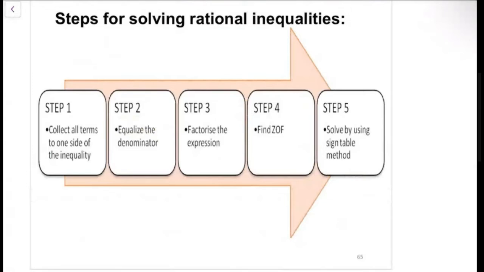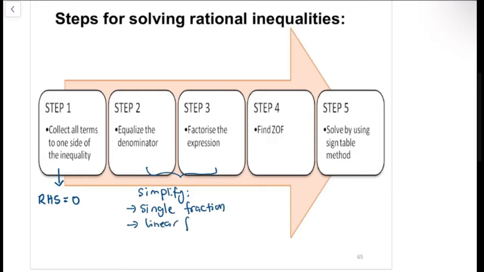Step number 1, collect all the terms to one side. What does it mean here? My recommendation is that our right hand side must be 0, so collect all the terms to our left side. Step number 2, equalize the denominators and then factorize the expression. It means we simplify until we get a single fraction and linear factors.